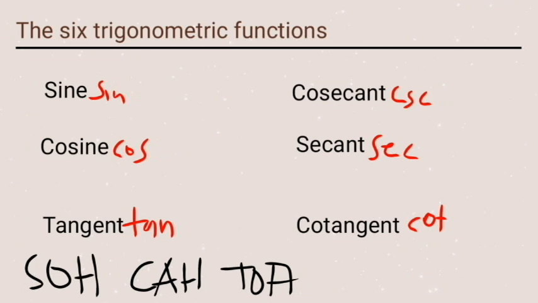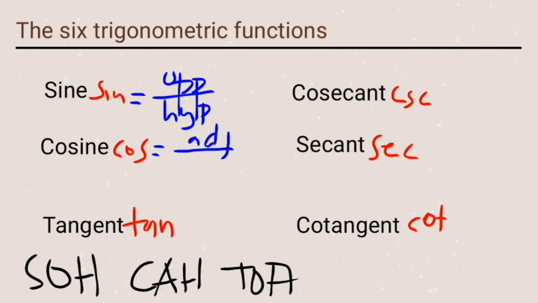Therefore, our function for sine is opposite over hypotenuse. For cosine, or cos, it is adjacent over hypotenuse. And for tangent, it is opposite over adjacent.